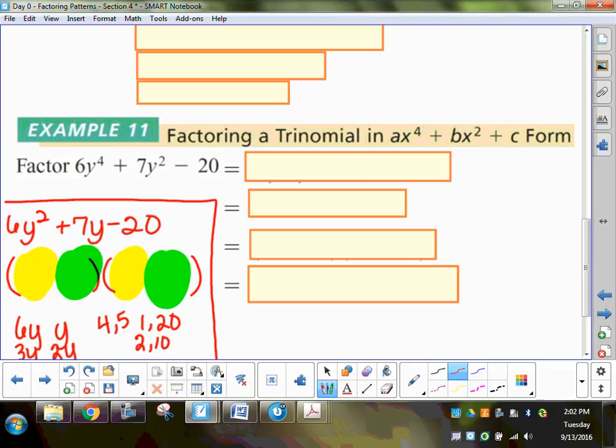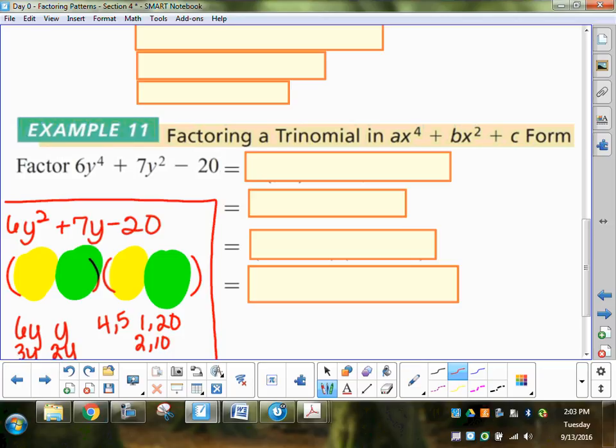We've got 3 of you. Keep in mind, there's some that you can eliminate.